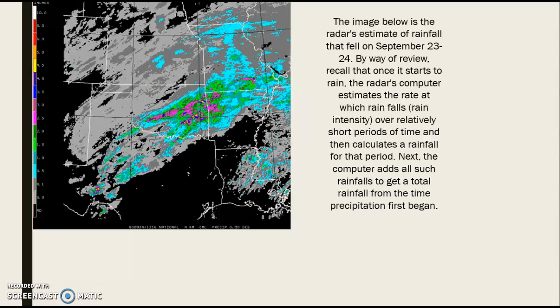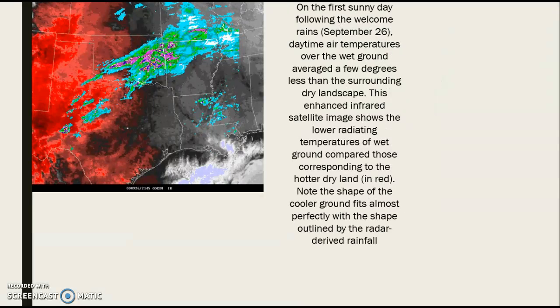This was taken from a radar image. It's covering Oklahoma and Texas primarily. And in this next slide here, we see the actual temperatures that were displayed in the following days. As you can see, there is a high correlation between the rainfall and the actual temperatures that are being displayed.